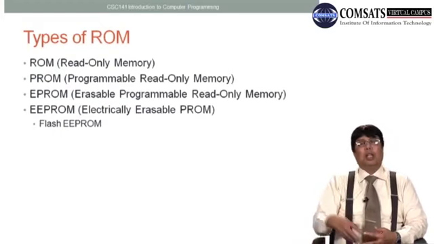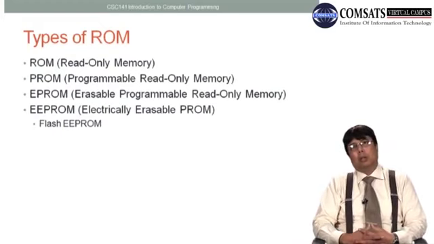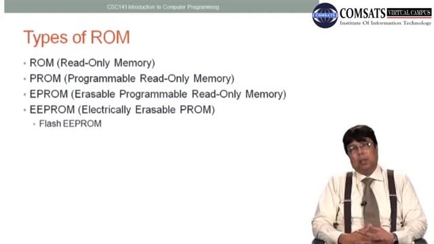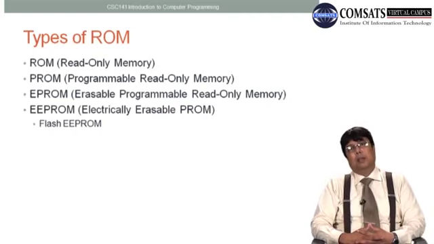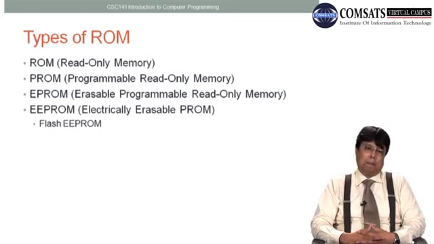So we have discussed the types and terminologies of the RAM, which is a volatile memory. Let us talk about the types of ROM. ROM maintains the data. It is the information which is permanently stored onto the chip.